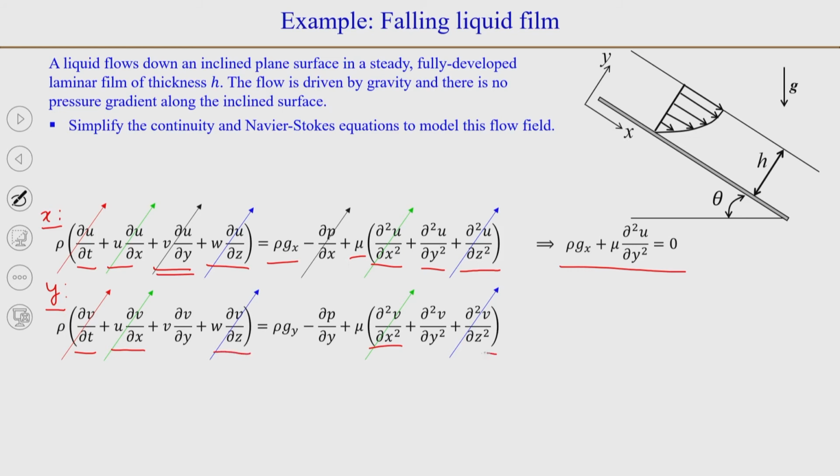So, these terms which are derivatives with respect to z, they will be 0 and because v is 0, these two terms will also be 0. And finally, we have two terms left in this, that rho g y minus dou by dou y of p is equal to 0.